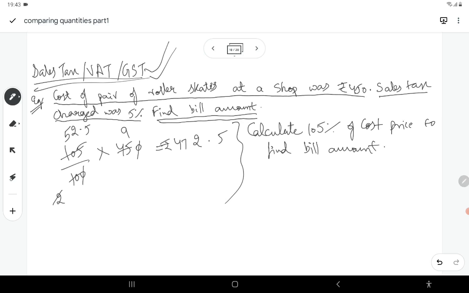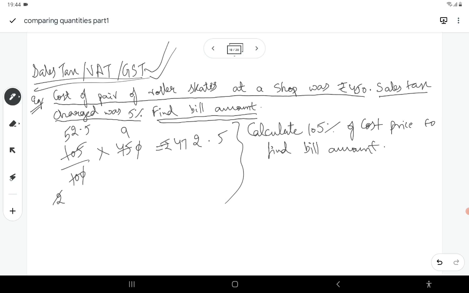So on the price we find the GST, VAT and the sales tax, which means cost price plus the sales tax charged gives the amount of the bill.